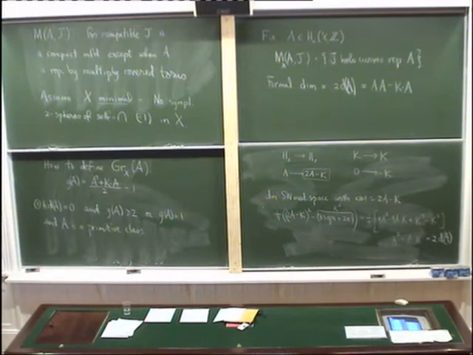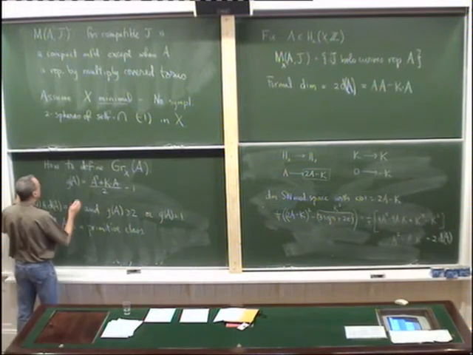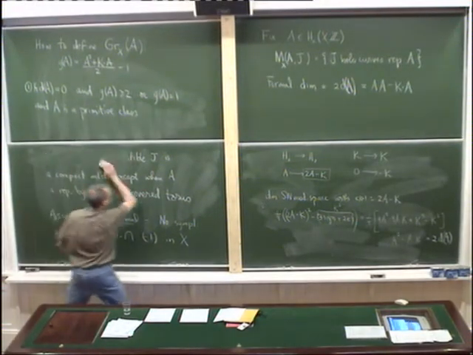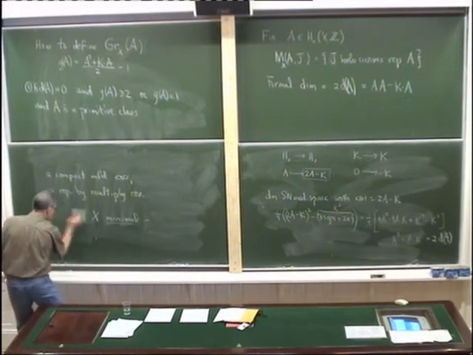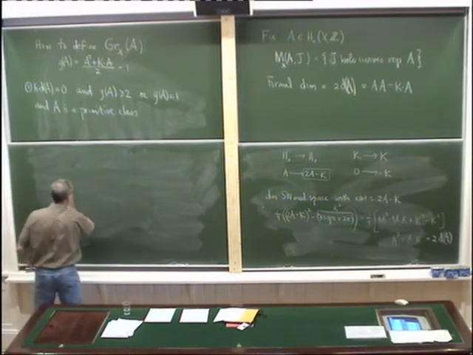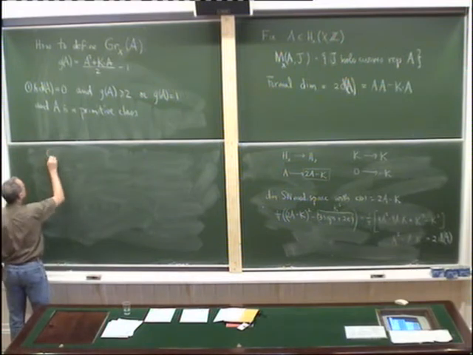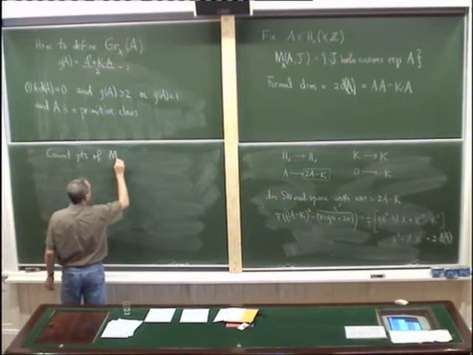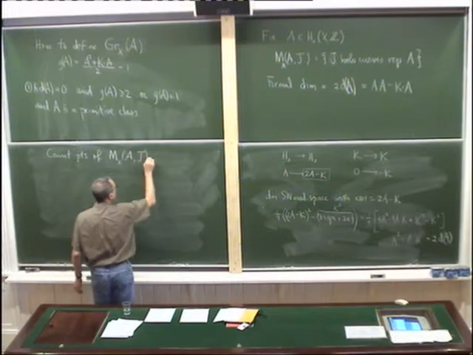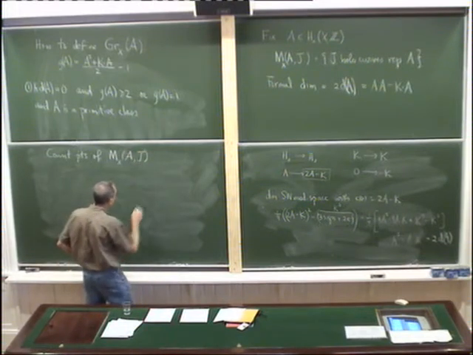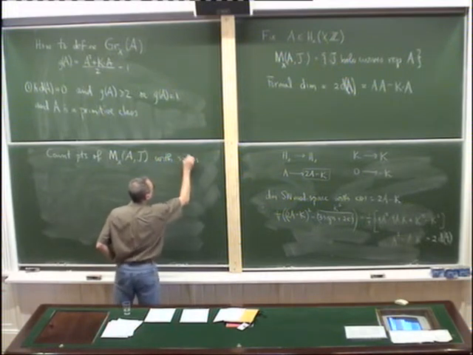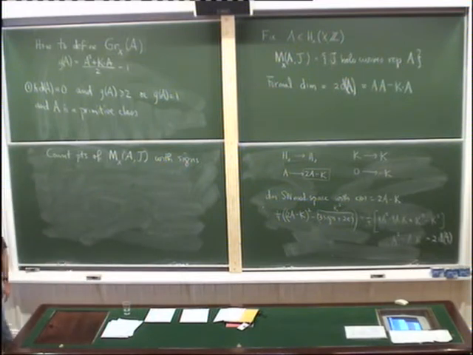Of course, you have to assign a sign. So we count points of M_X(A, J) for a generic compatible J with signs. And the signs are determined by Taubes.